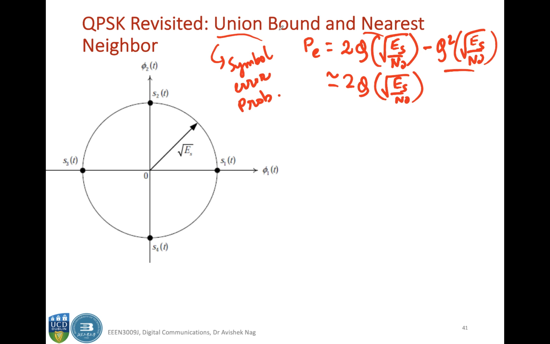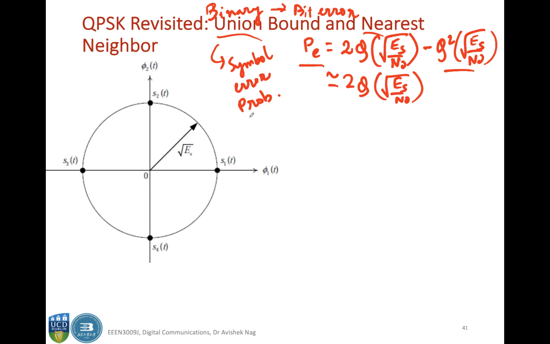And if you are applying the union bound and nearest neighbor for a binary case, which we normally don't do, because in the binary case you can calculate the exact value easily, but even if you are applying, then for binary you are getting directly the bit error rate, because one symbol in binary is equivalent to one bit, but for other higher modulation schemes one symbol is usually more than one bit. So always we are calculating symbol error probability.